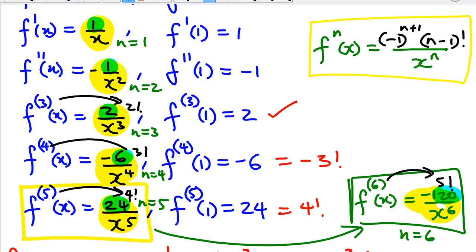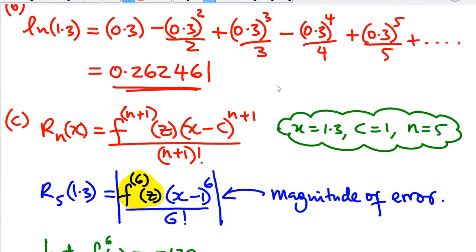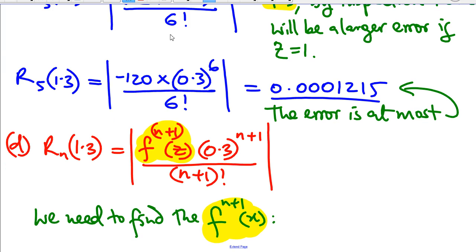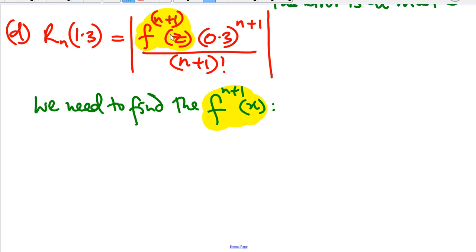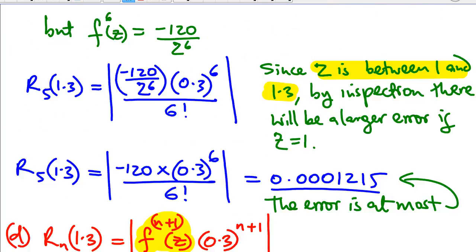So what you're going to do is go back down here and say that our (n+1)th derivative will be equal to the nth derivative, which is what we've just found up here.